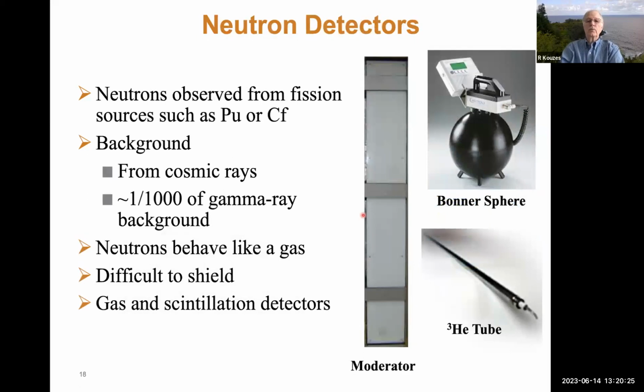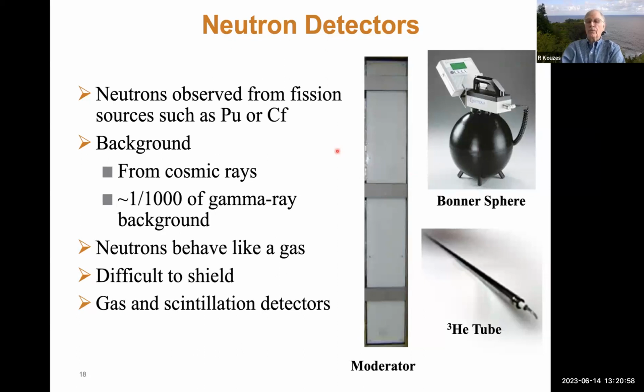For neutron detectors, even though neutrons are emitted with high energies, we typically detect them by moderating them with plastics. If you put a plastic like polystyrene or polyethylene around a detector, you can cause the neutrons to scatter off the protons and thermalize themselves, reach room temperature, and therefore they can then be captured on helium-3, which is the most common neutron detector.